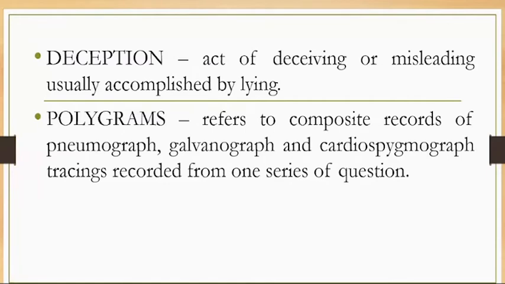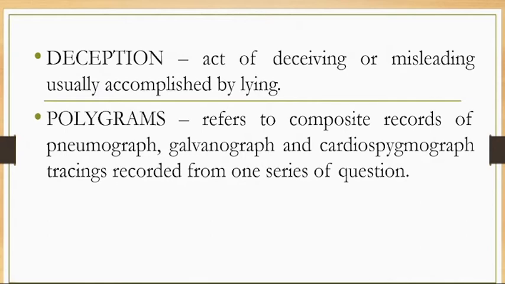The term deception is another part of our concept: the act of deceiving or misleading, usually accomplished by lying, because it is hiding something, not saying the truth, or misleading.